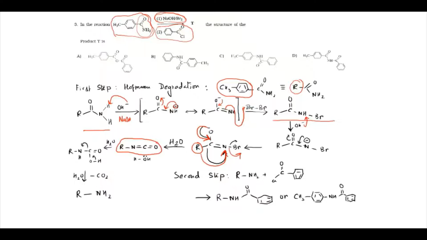This isocyanate will take on one molecule of water. So it will add up in this way. Let me just erase this circle so that it will be easier to explain. Now you can see, think about this lone pair of oxygen: as this carbon has a partial positive charge, because it is connected with two relatively negative atoms like oxygen and nitrogen, this electron pair will attack this electrophilic center, and this H will be taken by the nitrogen.